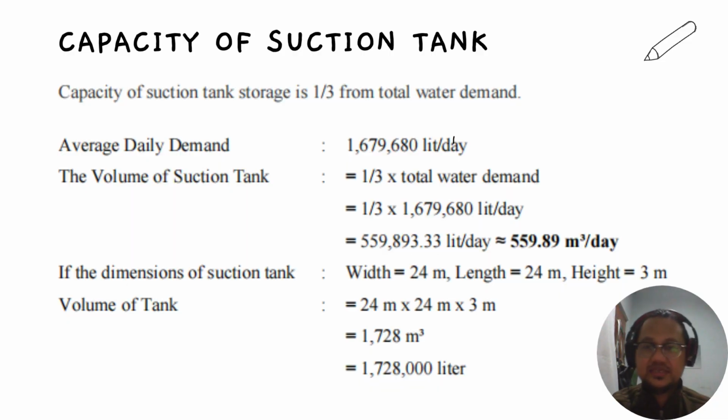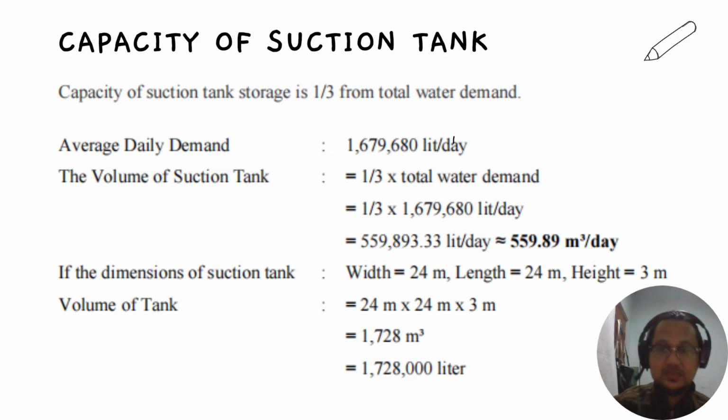Okay, next we determine the capacity of the water tank. It consists of two types of tank. First is the suction tank and the second is the service tank. In this slide, this is the calculation for the capacity of the suction tank. As we know, the capacity of the suction tank storage is one-third of the total water demand. First, we have to calculate the volume of the suction tank, which is the total water demand multiplied by one-third, and then we get 559,000 liters per day.